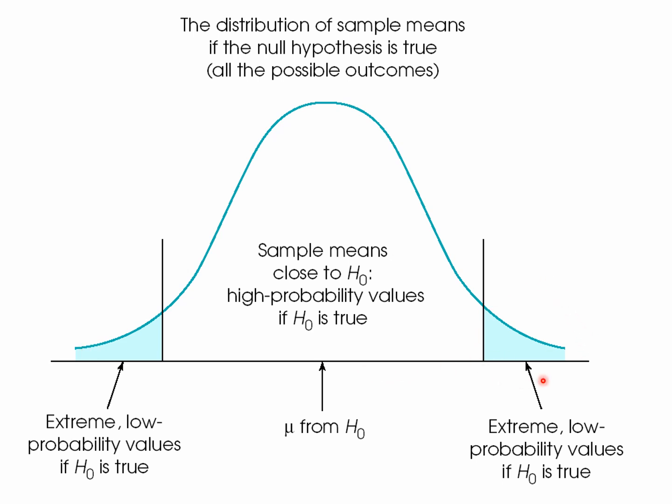So that's the logic of hypothesis testing. We set up our decision criteria. How extreme does our sample mean need to be for us to reject our null hypothesis? Those are decision criteria that we have to make, and we have to use some logic. There's no one right or wrong value or extreme value to choose, but we'll go over some commonly used ones.